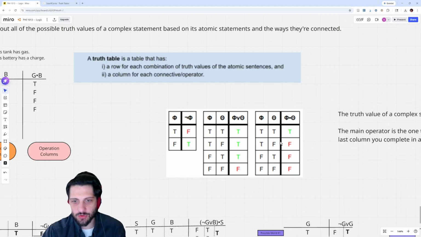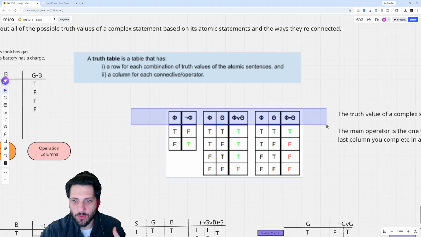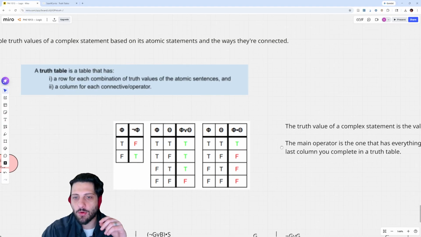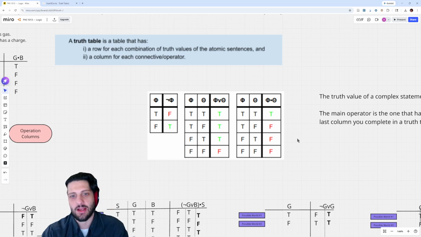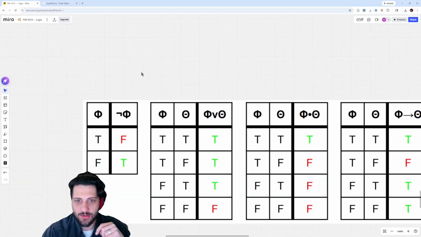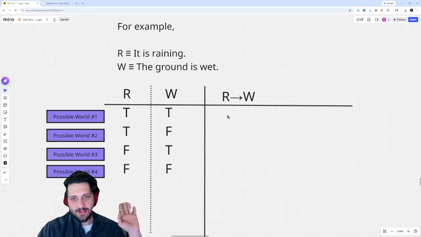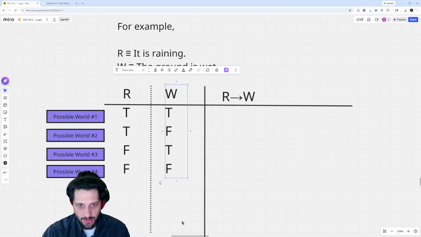Or if my left side is true and my right side is false and I'm trying to build an and statement, I'm going to call it false. So we looked at how to understand and work with these three first connectives. But what we didn't do was our other two connectives, our two conditional connectives. That's what we want to build in now. So let's think about each of these possible worlds.